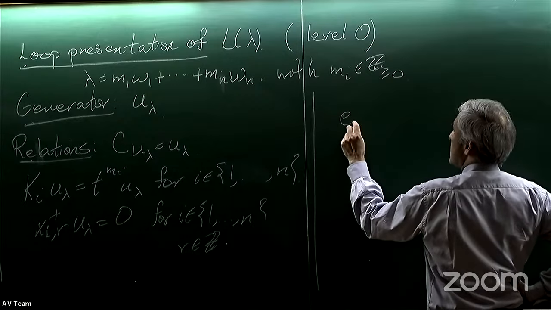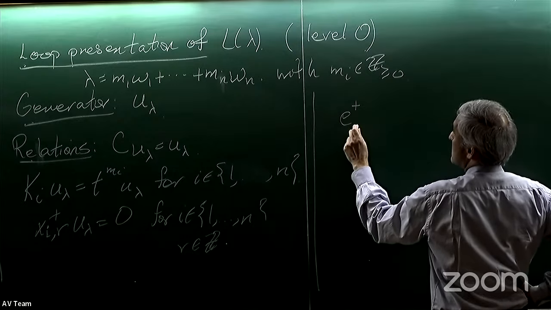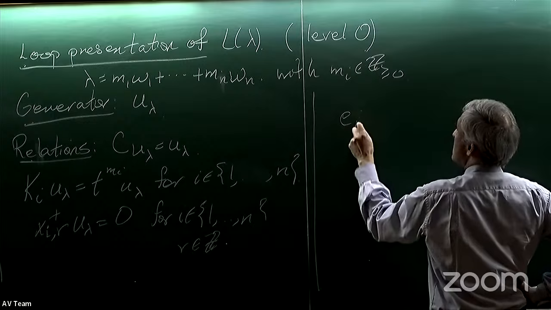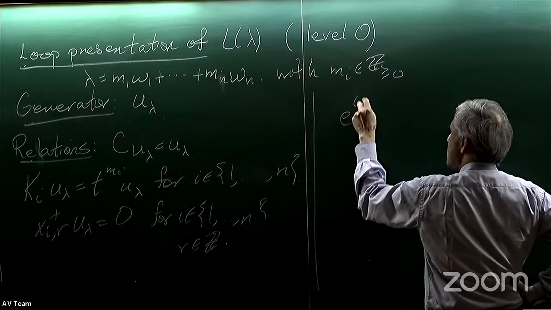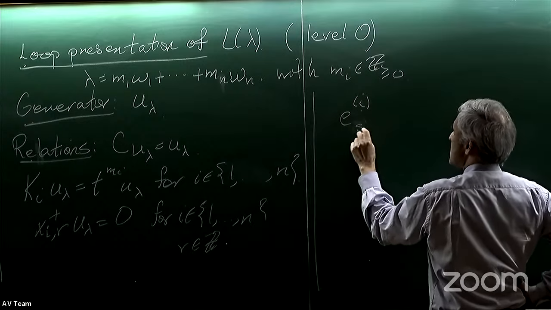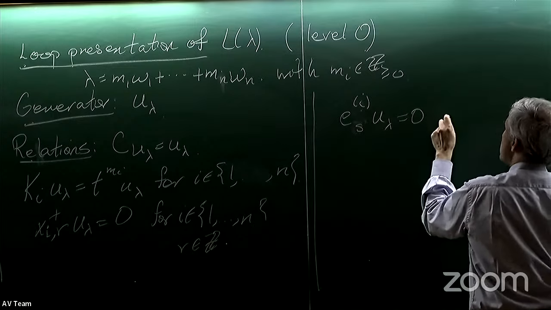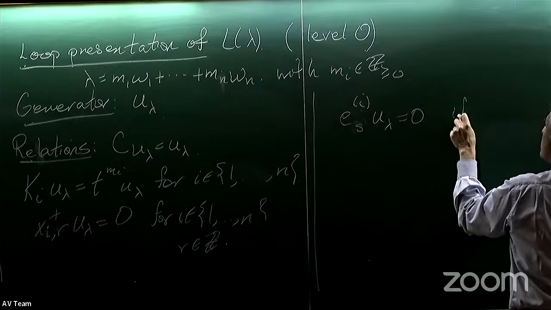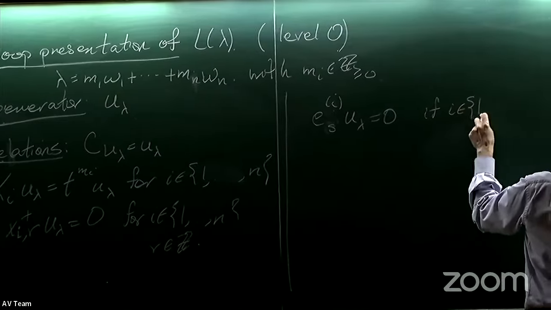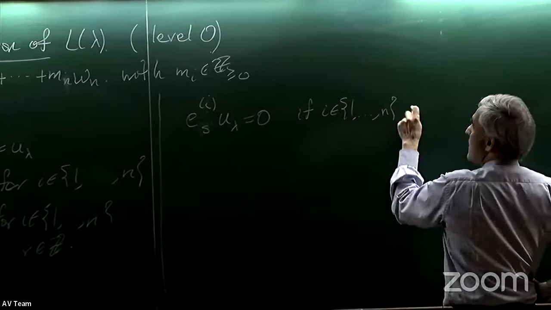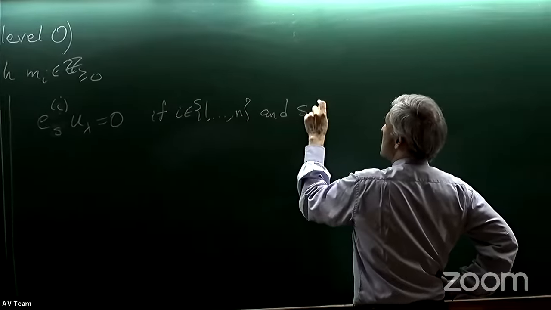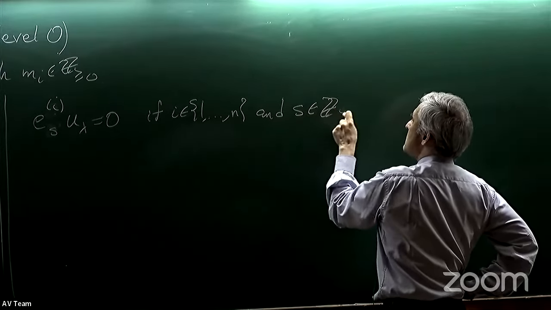So e_{i,s} acting on u_lambda will be 0 if i is in 1 through n and s is larger than m_i.